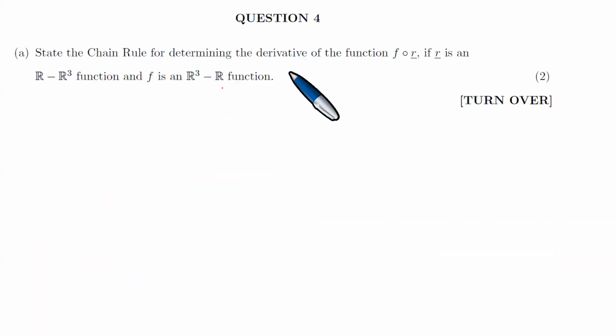Okay, I want us to discuss the notion of the chain rule for determining the derivative of the composition of f and r, where vector r is an R to R3 function, and f is an R3 to R function. This is about a statement, so we need to state. That's all. So this is the statement.